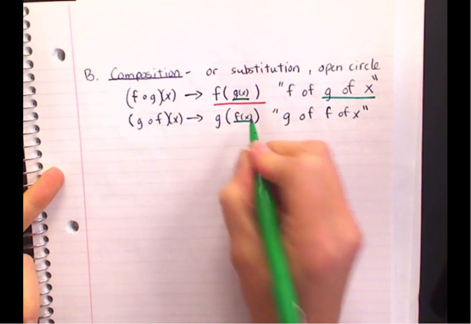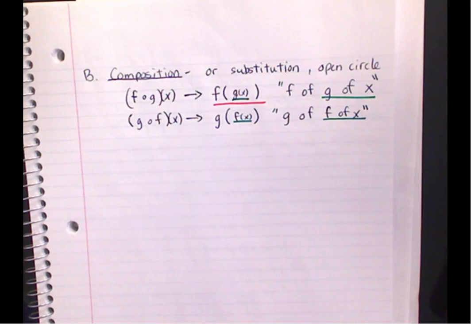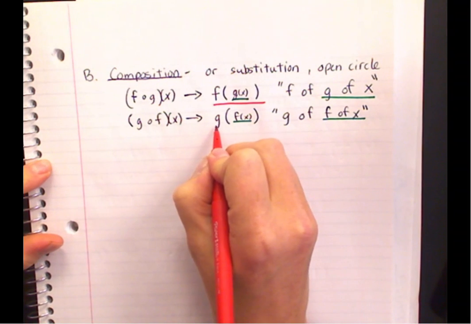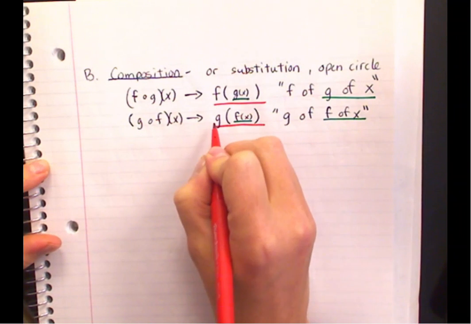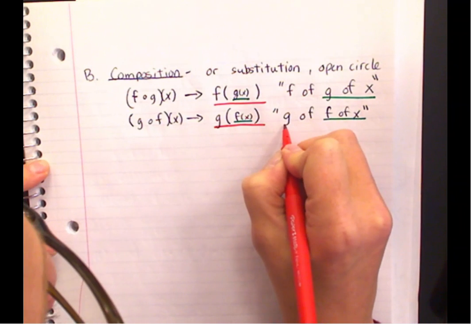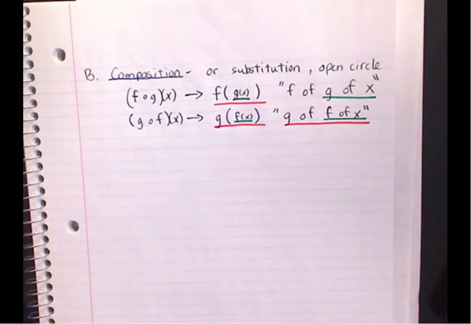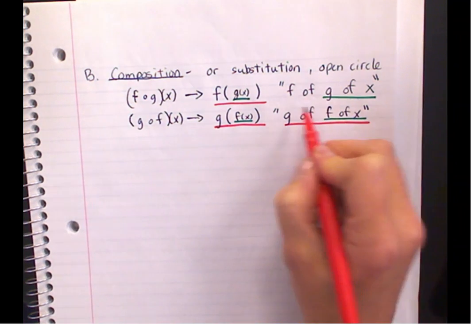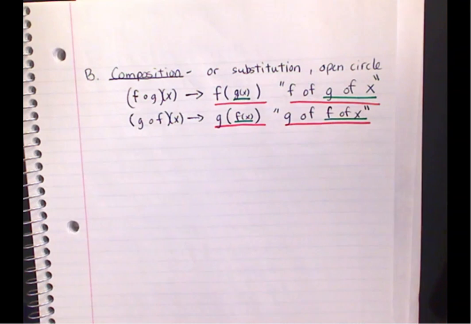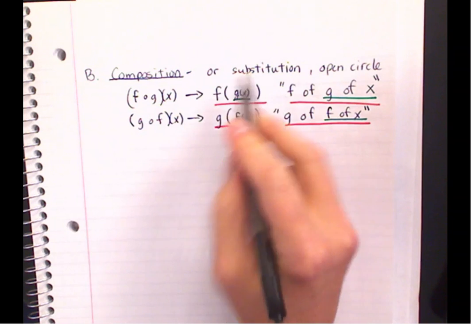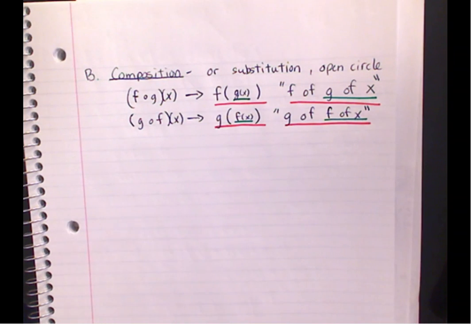The inside part is f of x. It's like a chain reaction. You've got multiple parts here. And the outside part is g of the green part. This is the user-friendly notation. It kind of tells you which part is on the outside and which part is on the inside.